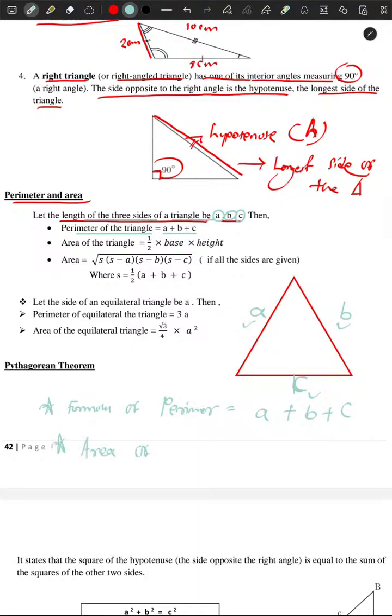Area of triangle equal to half into base into height. It is also written as half into b into h.